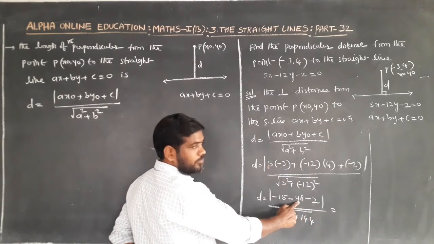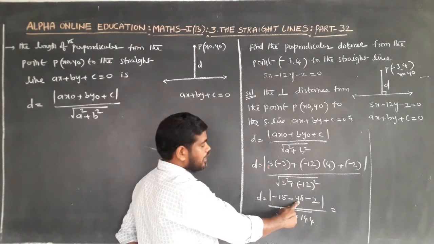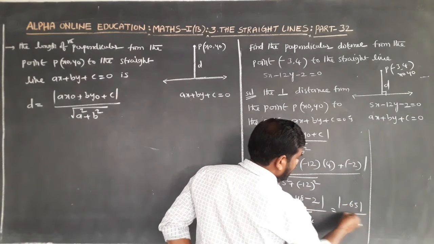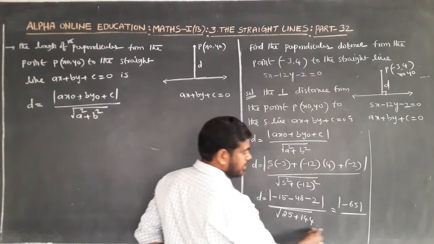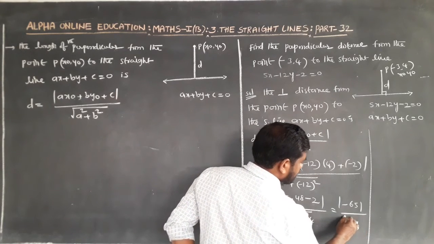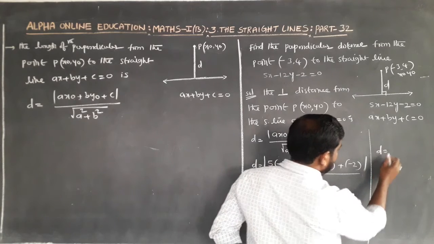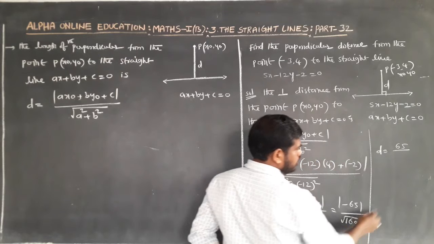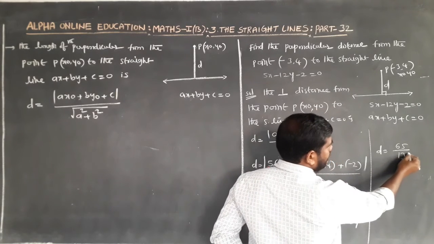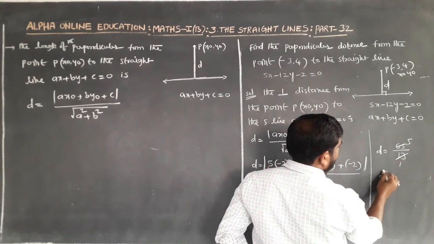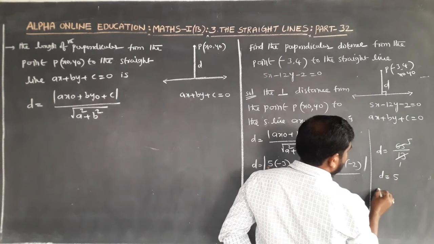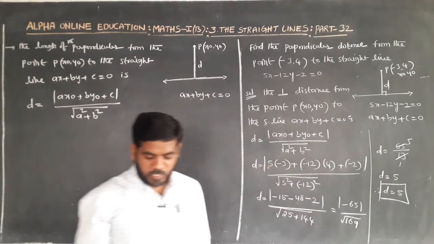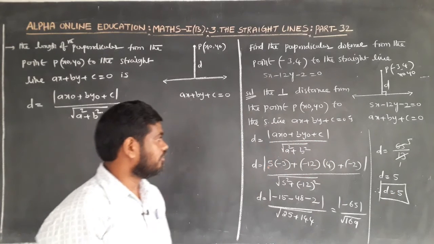That is minus 15 minus 48 minus 2, minus 65, whole divided by root of 25 plus 144, 169. D is equal to minus 65, mod means 65, root 169 means 13. 13 fives are 65. So perpendicular distance D is equal to 5 units.